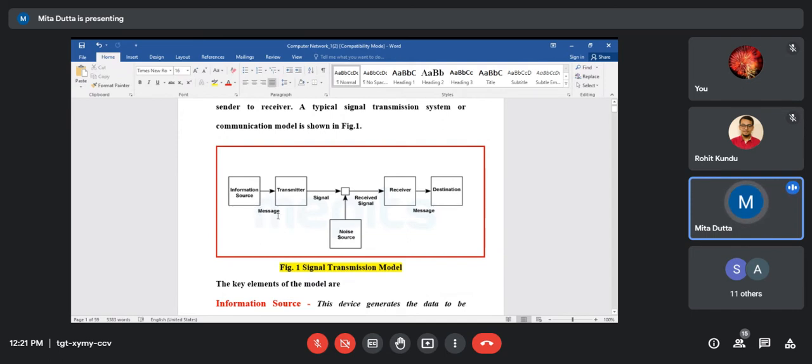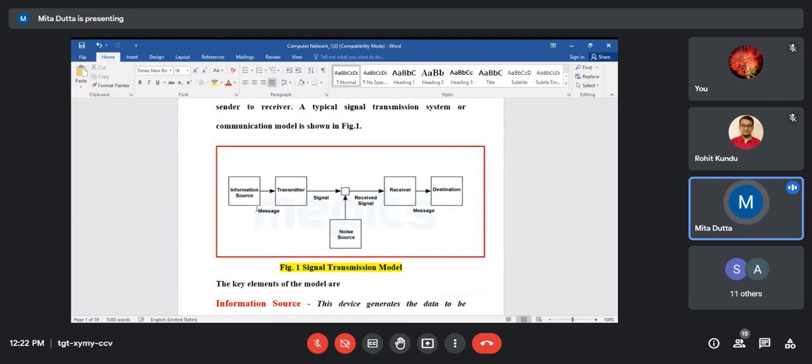Now, based on the frequency content of the signal generated by the information source, we can divide this signal into two types. One is known as baseband signal, and another is known as broadband signal or a carrier signal.